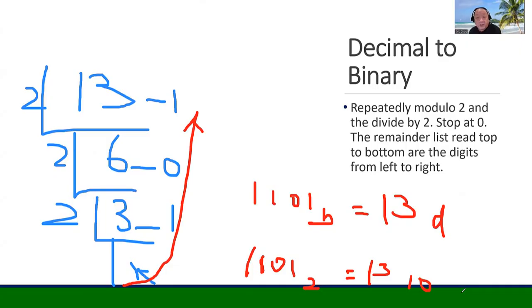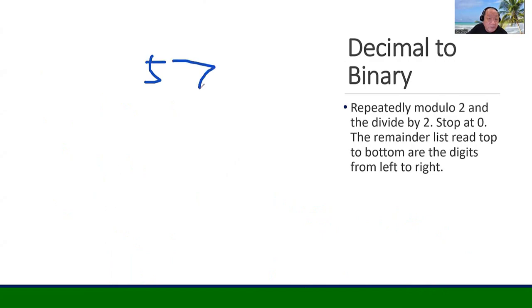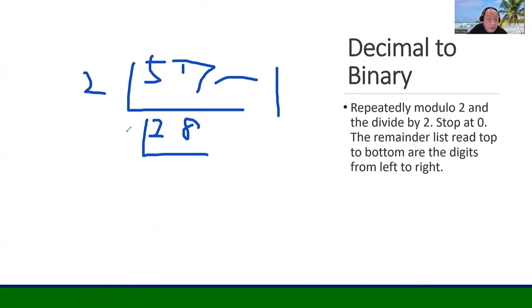So this is conversion to binary, okay? Let's try another number. Let's assume that we want to convert 57. So divide by 2, you get 28 remainder 1. Divide by 2, you get 14 remainder 0.